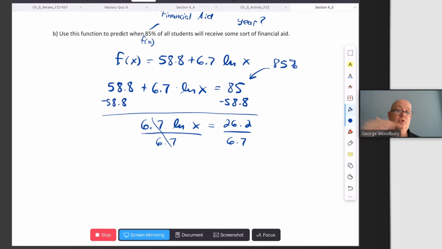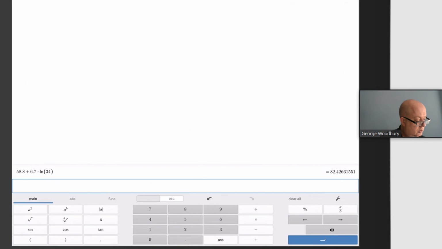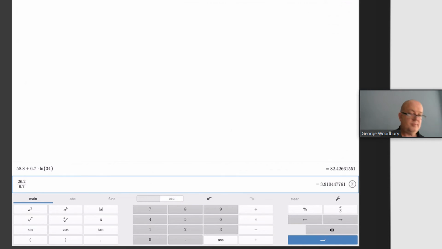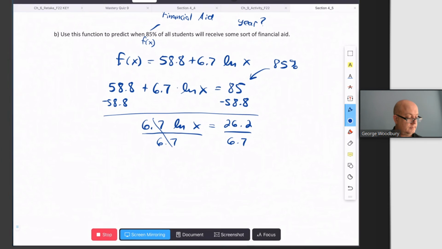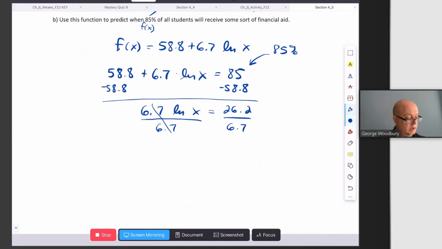You'll notice that it fills your calculator window up. Let me show you what I mean. 26.2 divided by 6.7, so we get that decimal. I can't replace that with a decimal, I want to keep as much accuracy as possible. So I'm going to leave that fraction the way it is. So natural log of x equals 26.2 over 6.7.